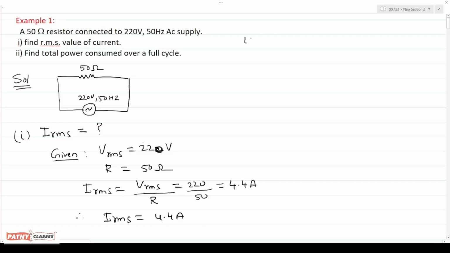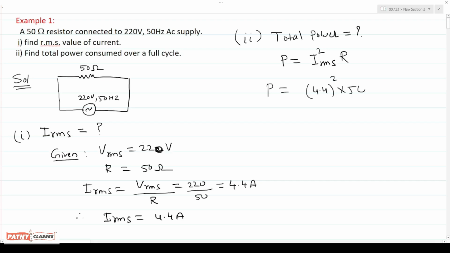Now the second part, to find total power consumed over a cycle. So we need to find total power over a cycle. Now the net power consumed is given by P equals to IRMS square multiplied by R. So P equals to 4.4 square into 50.